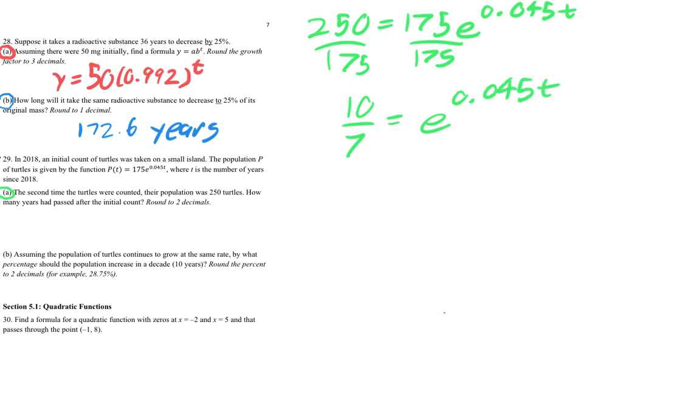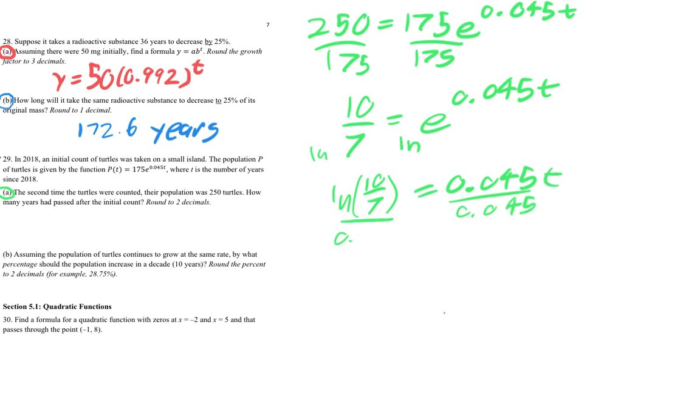We want to get rid of this e, so we're going to take a natural log of both sides. Left with natural log of 10 over 7 is equal to 0.045 t. Then we're going to divide both sides by 0.045 to get what our t value is. So now we know that t is equal to 7.93 years.